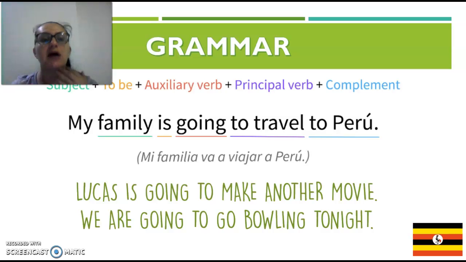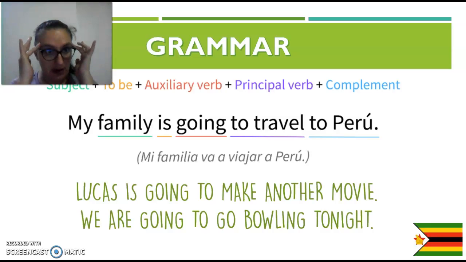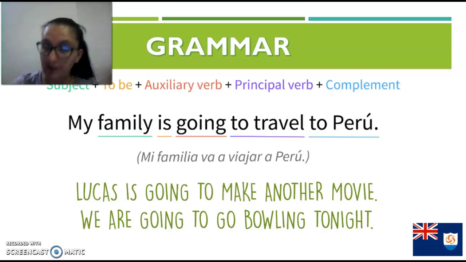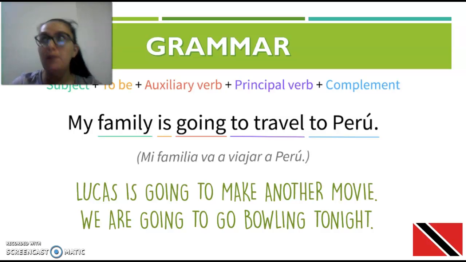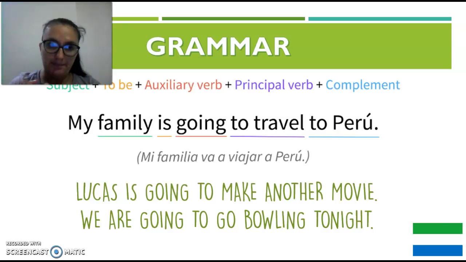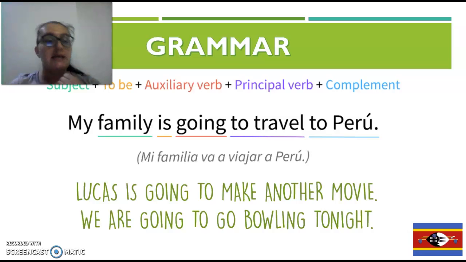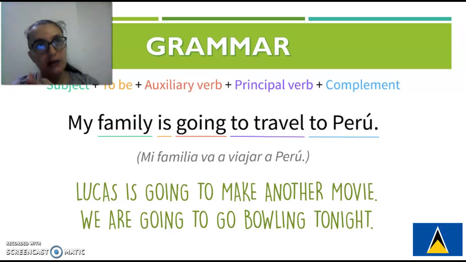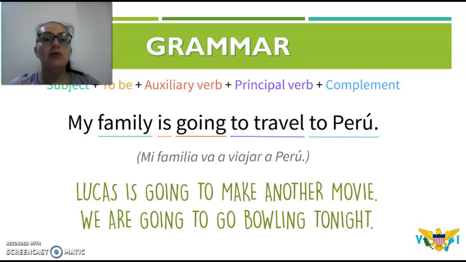This is the subject. And you need to remember about the to be. You remember the verb to be? Is, are, am. Remember, is you need to write with he, she, or it. Are, you need to write with we, you, they. And am, you need to write with I. Then you need to use the auxiliary verb.